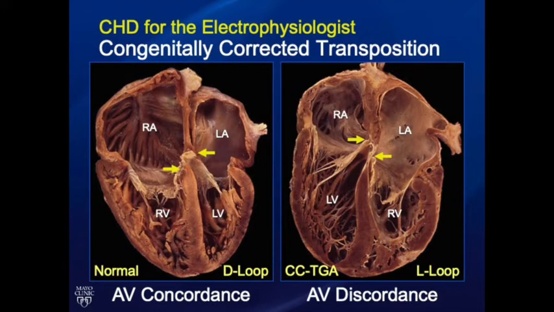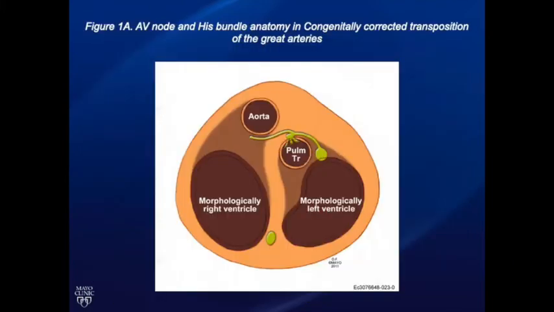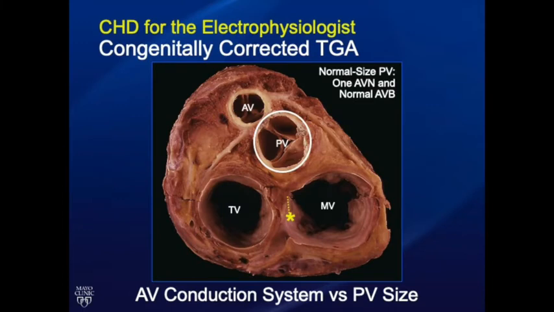The first is the relative position of the atrioventricular valves. So the intuition for the atrioventricular septum is different as a result of this change in the plane of the atrioventricular valves. The second is the centrally located pulmonary trunk.